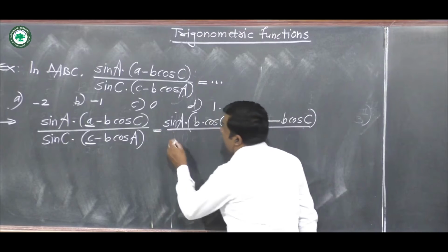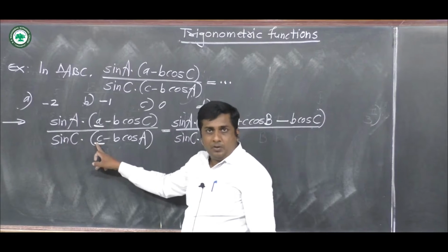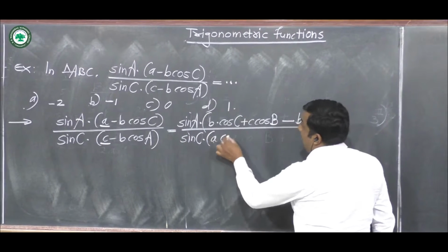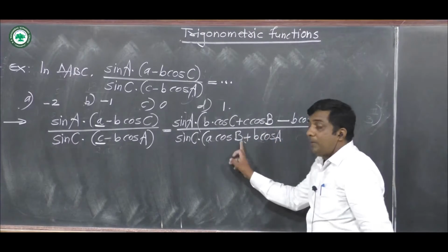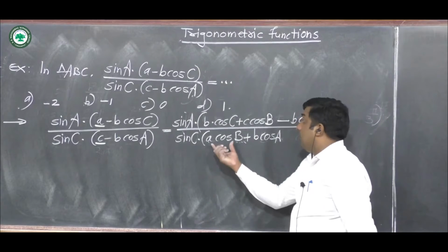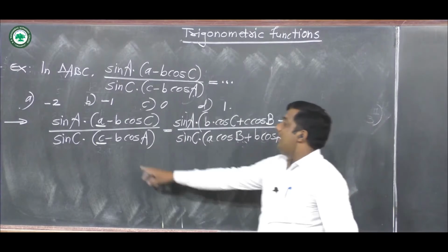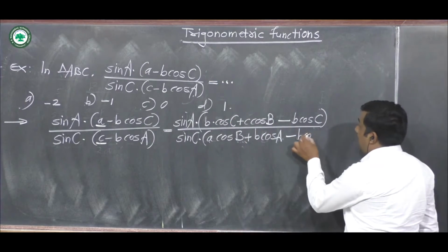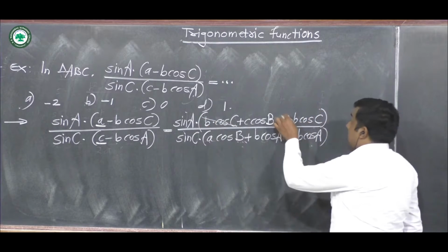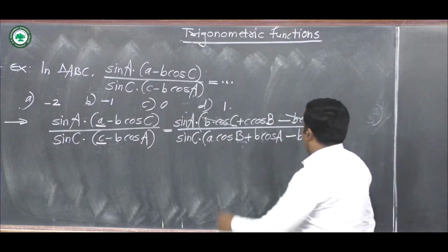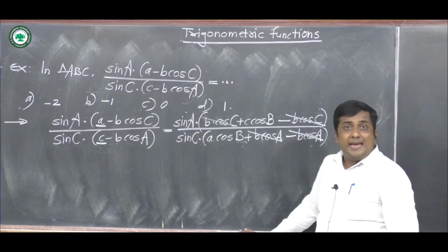Then divided by sin C as it is, into, for C we write A cos B plus B cos A, by using the projection rule. Then with a minus sign, B cos A. Now plus B cos C minus B cos C cancel. Then plus B cos A, minus B cos A cancel.